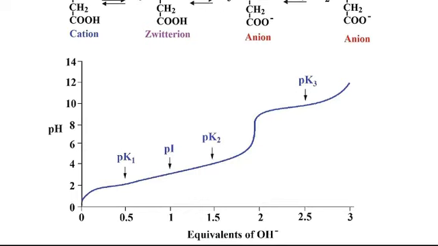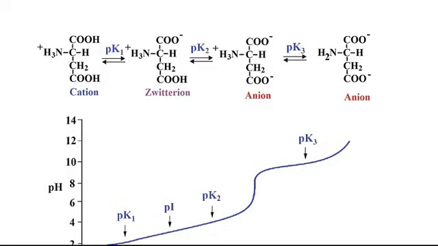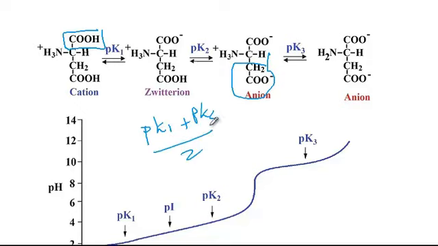So here is the titration curve for an acidic amino acid. We see that at pK1 and pK2, the two COOH will lose their H, as a consequence of which the isoelectric point is the average between pK of the carboxylic acid group and pK of the side chain. So pK1 plus pK2 divided by 2 will give us the isoelectric point, which is the pH at which the amino acid is predominantly in its zwitterion form.